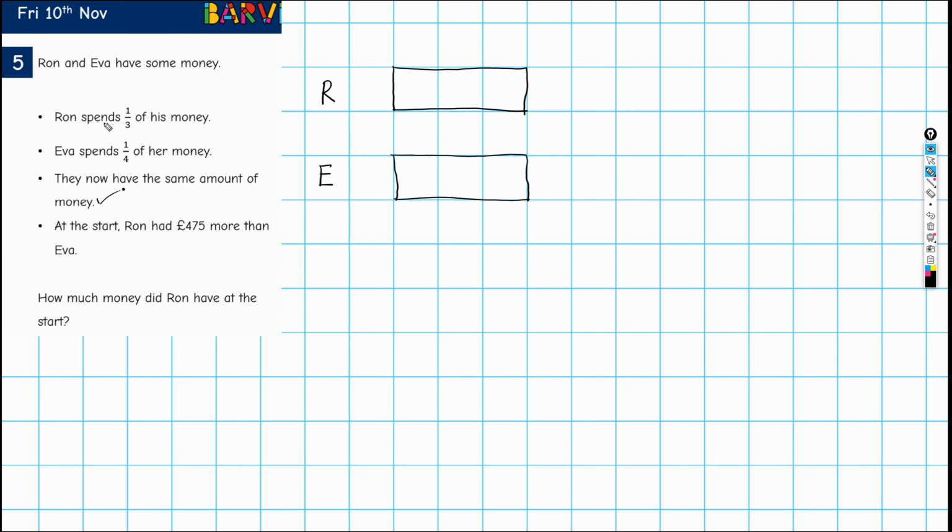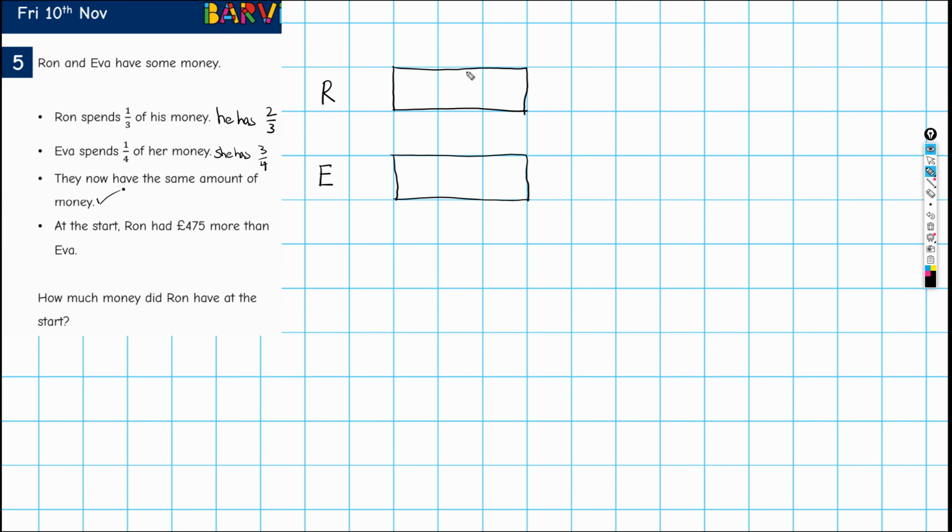So if Ron has spent a third of his money, he has two thirds. And if Eva has spent a quarter of her money, she has three quarters. So this is two thirds of Ron's money, and this is three quarters of Eva's money.